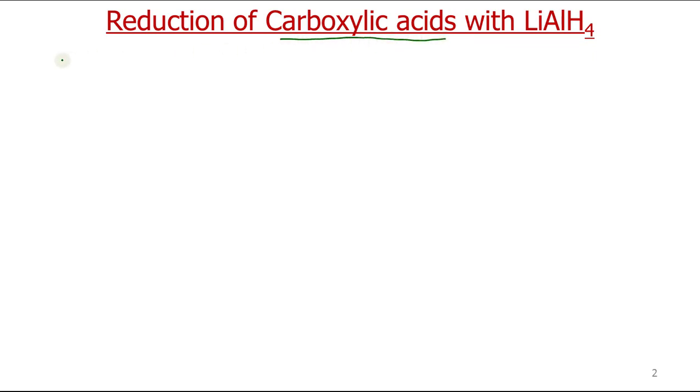Like I said, carboxylic acids are organic compounds containing the COOH functional group. So we can generally represent carboxylic acids as RCOOH. Now first we will see the hydride donor reducing agents.